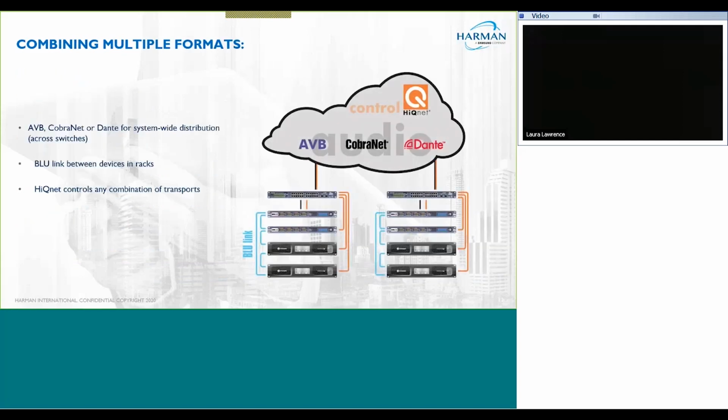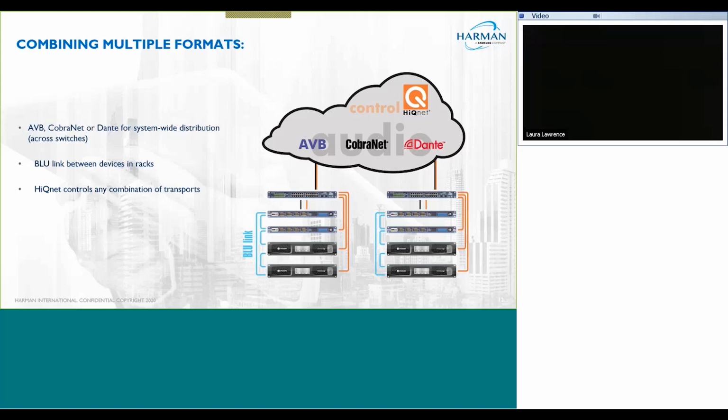I will quickly mention here that if you need to utilize your existing infrastructure across a large stadium, for example, you can take all the gear in a rack and just BLU link all that gear together. If it's all Harman equipment, you just tie BLU link in and out across all the devices in each rack, and then the racks or the IDF closets or whatever they might be are tied together using anything else, whether that be AVB, CobraNet, or Dante.